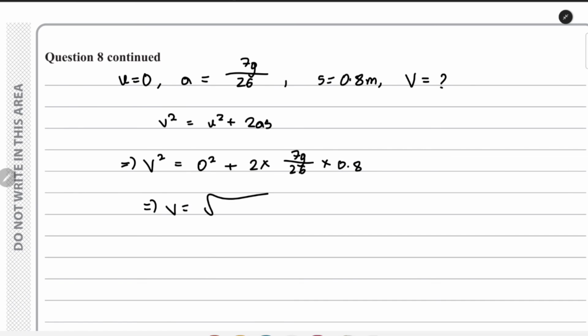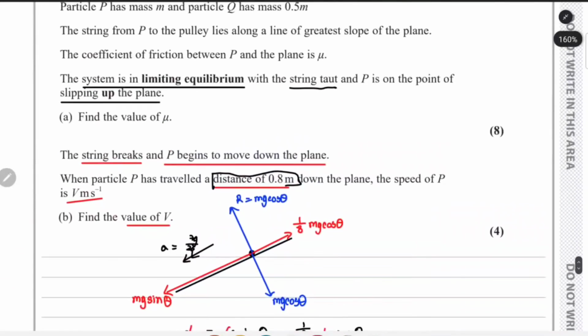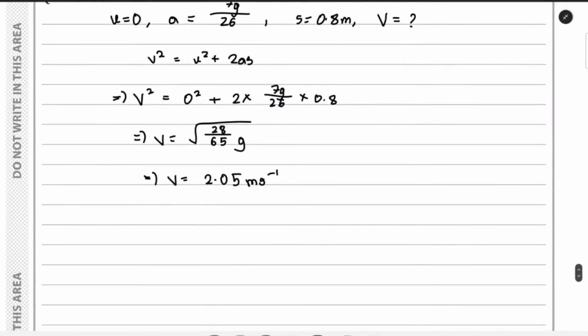So v will be root over 28g/65. So this will be the velocity. That's it for this paper.